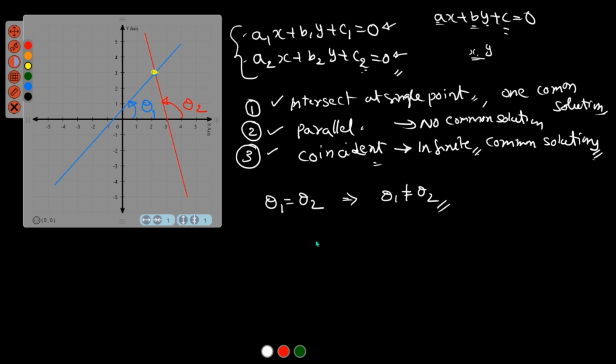To derive the relations between the coefficients and the constants, we need to find out this angle, which requires a little bit of background in trigonometry.